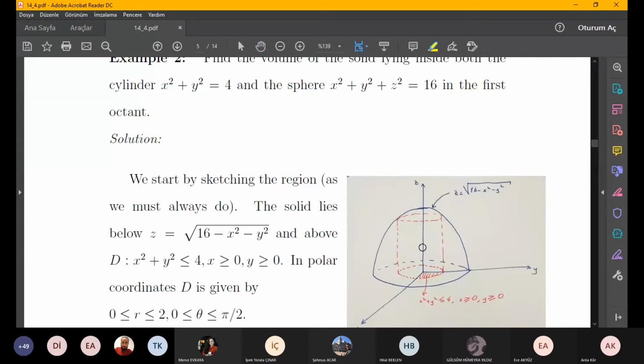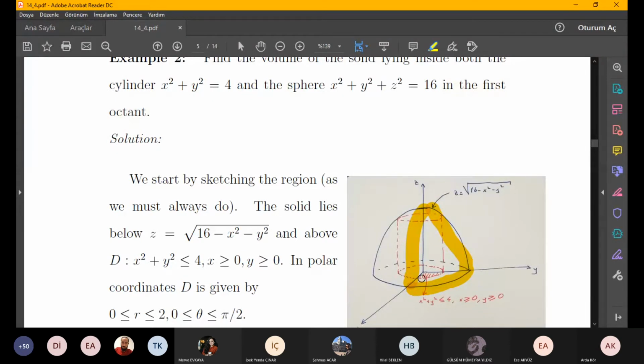So this will be the volume of the solid, which represents the below, or let's say lying inside both the sphere here, but it should be in the first octant, so you can think it is like that, and the cylinder x square plus y square equals 4.